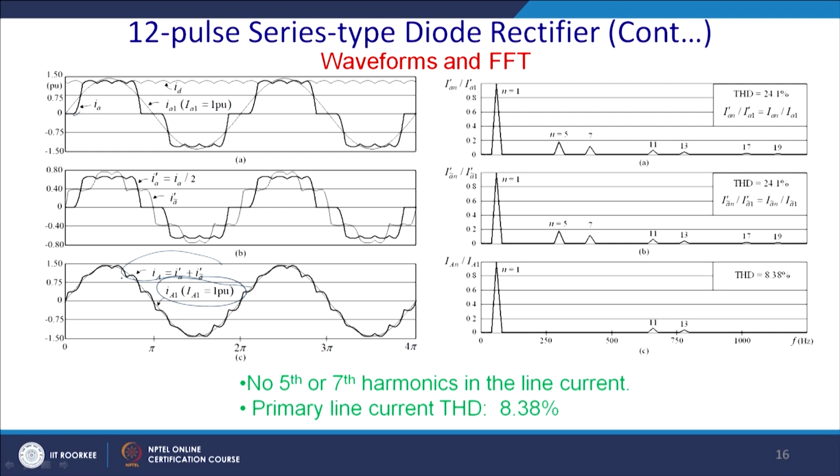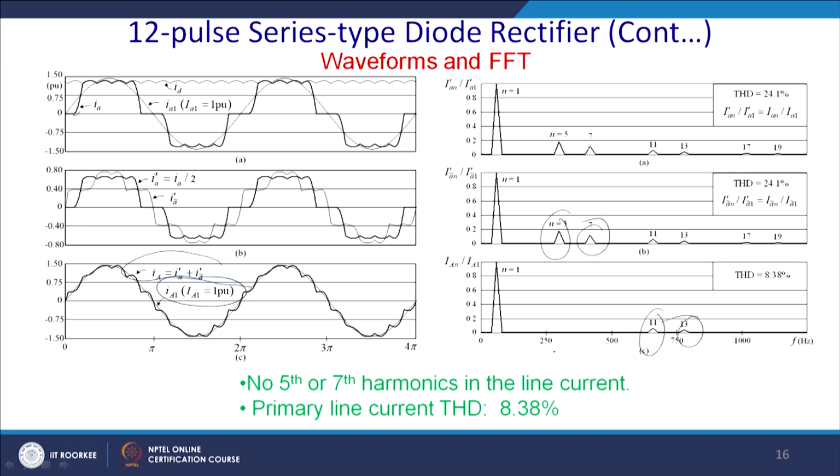As you know, there will be a fundamental as well as fifth and 7th, but the fifth and 7th will cancel out since they are 30 degree phase shifted. Fifth and 7th of equal magnitude but in opposite direction cancel out, and ultimately you will have 11 and 13.